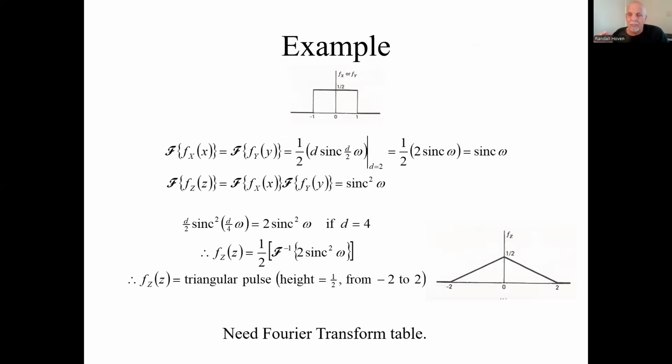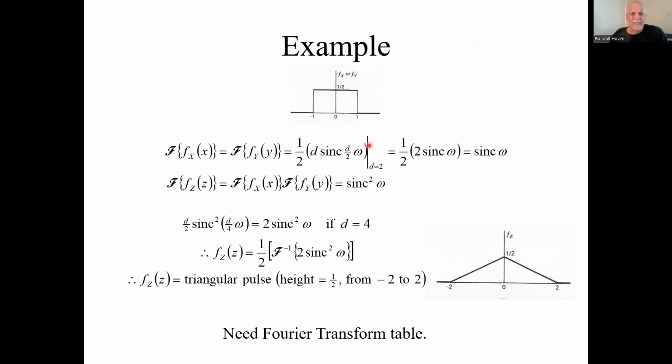Now you're going to need a Fourier transform table to do this. Let's say the PDF of x and y in this case is this pulse, or it's just uniform from -1 to 1. So they both have the same Fourier transform.